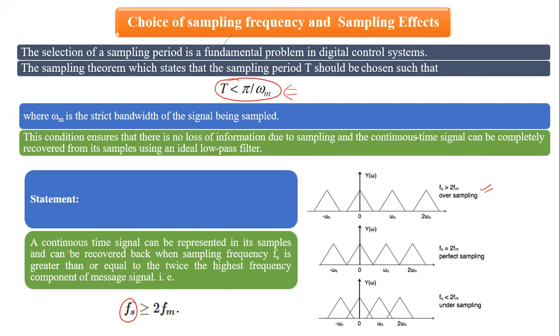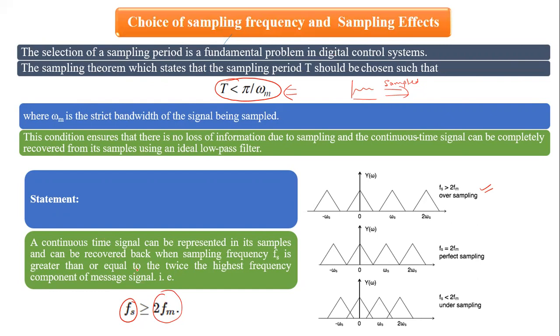which states that any continuous time signal which is present to us needs to be sampled. That means the number of samples that you need for any continuous time signal per unit time should be greater than or equal to twice the maximum frequency component present in that particular analog signal.